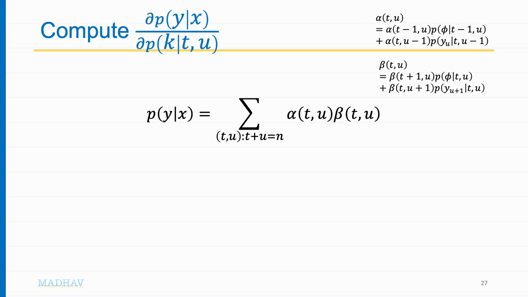P of y given x, the numerator is given by this form, sum over all mutually exclusive paths or through all possible doors of alpha tu times beta tu. Alpha tu is given by this recursive formula, beta tu is given by this recursive formula. Tell me what is the derivative of this with respect to pk given tu. So what is the derivative of this term with respect to pk given tu?